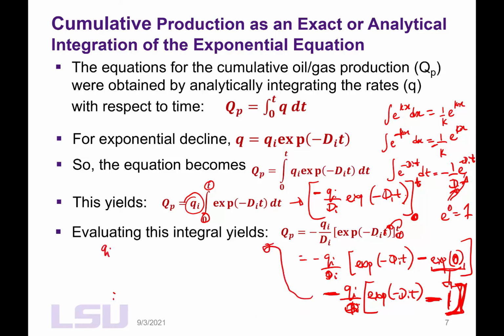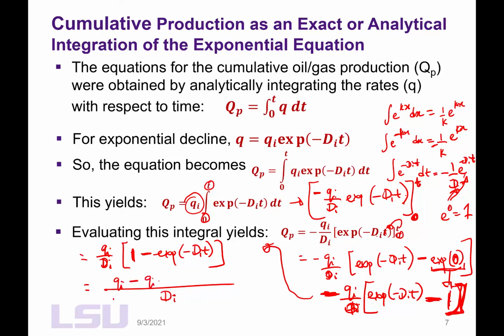So it's Qi over Di exponent minus Di t. Oh, I meant to do the minus first. Minus times minus, so it's 1 minus the second term, right? That's what I meant to do first. And now this 1 over Di multiplies everything.